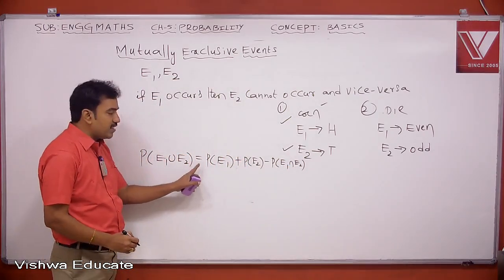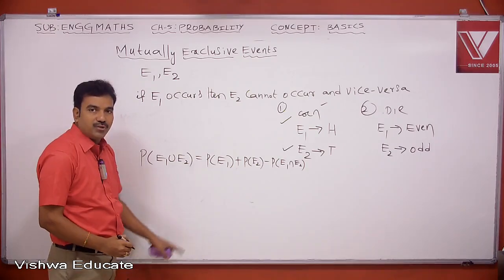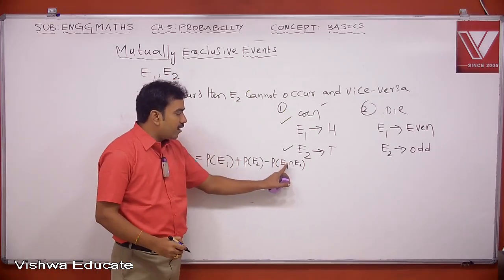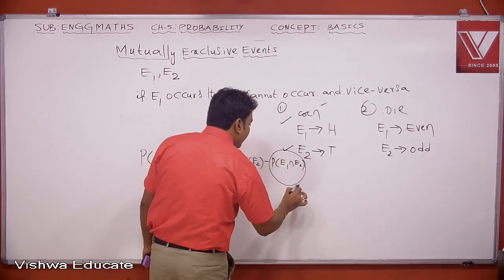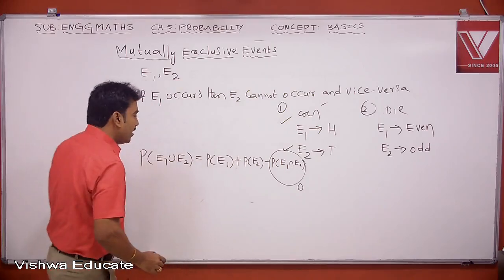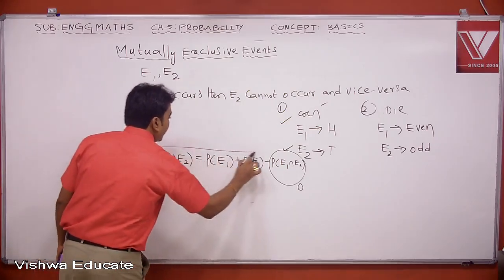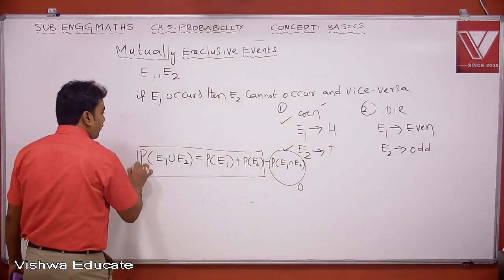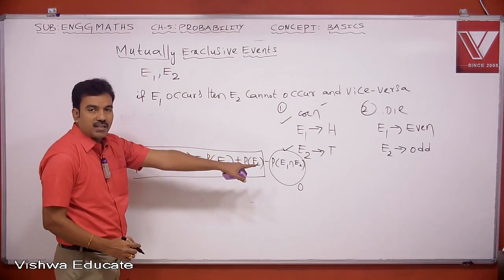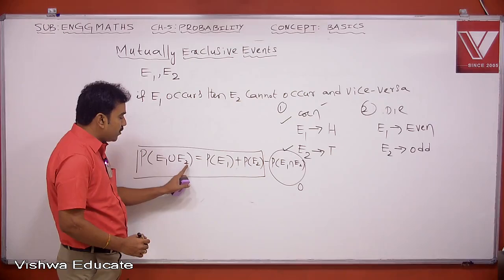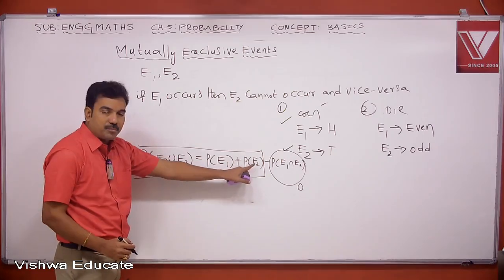In case of mutually exclusive events, E1 and E2 cannot appear at a time. In that case, the probability of E1 intersection E2 becomes 0. Then I will get P of E1 union E2 is just P of E1 plus P of E2. So if E1, E2 are mutually exclusive, then P of E1 union E2 is P of E1 plus P of E2.